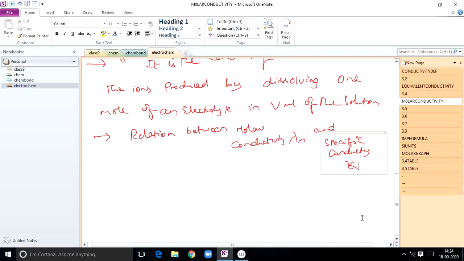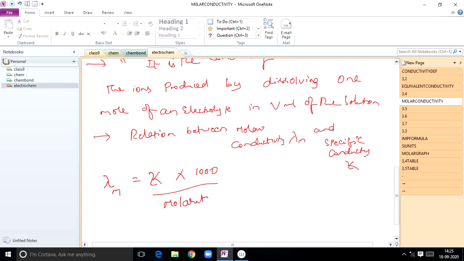Now simply you can write: molar conductance lambda m is equal to specific conductance into 1000 by molarity.